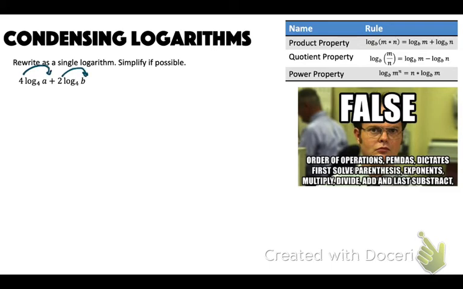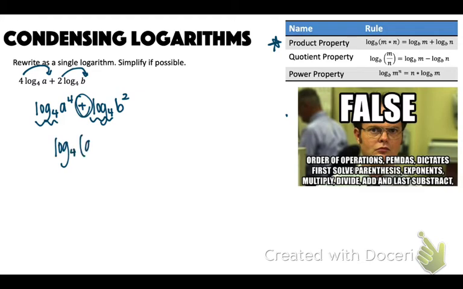Then I have log base 4 of a to the 4th plus log base 4 of b squared. Now these have the same base and they're being added, which means that addition goes with multiplication. So this is going to be log base 4 of a to the 4th times b squared.